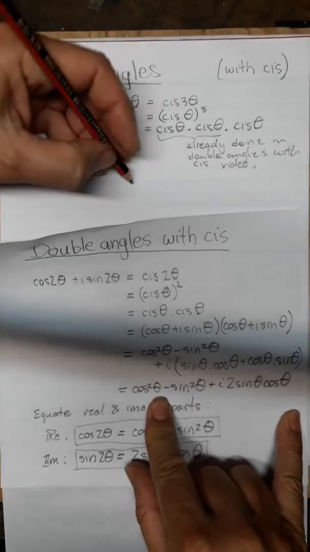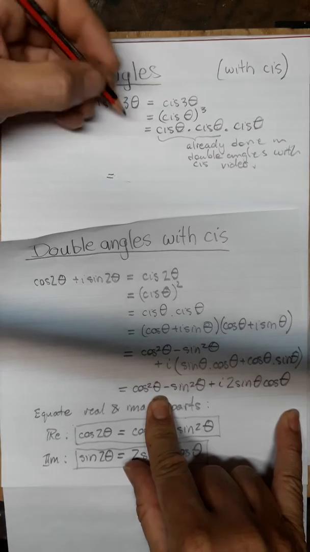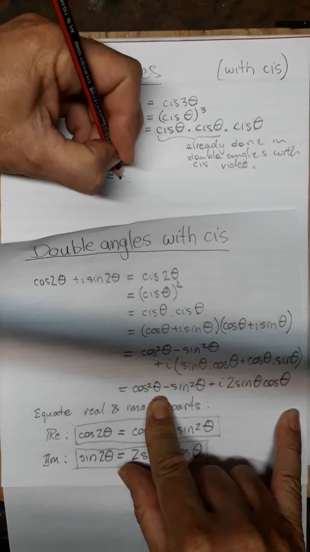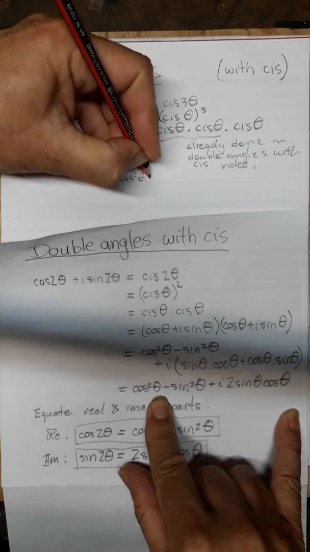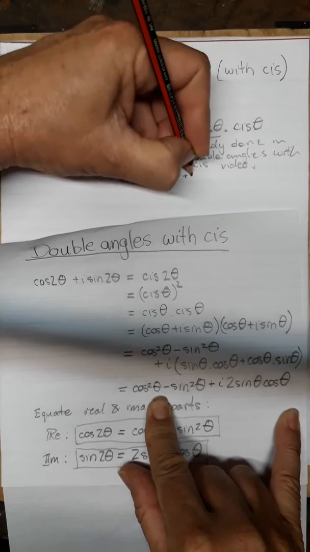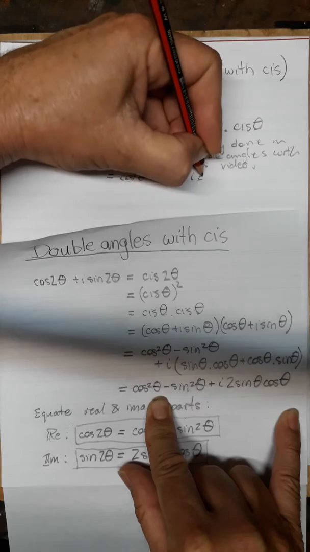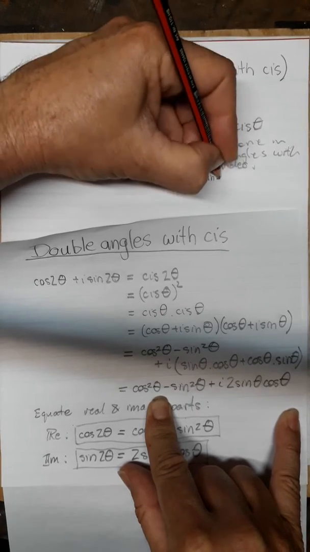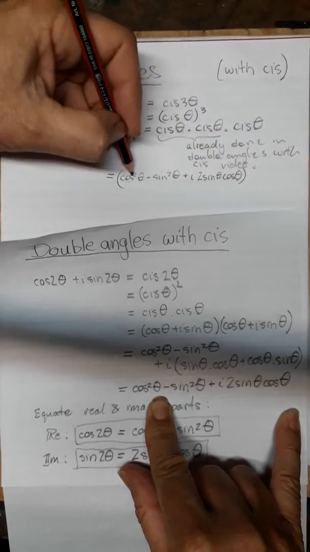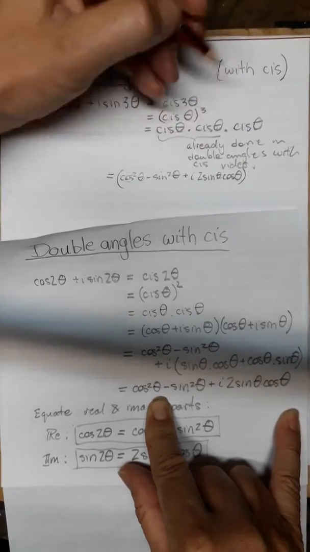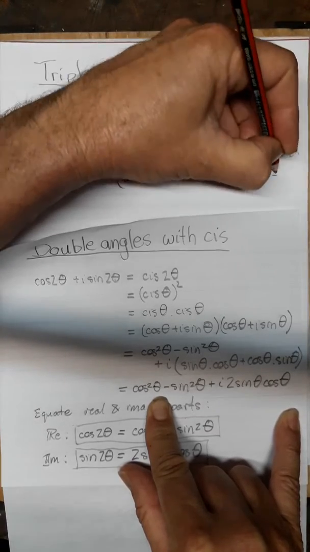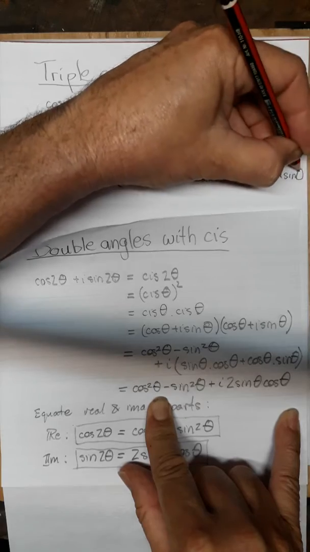So we'll write that down here as cis theta squared, which is cos squared theta minus sine squared theta, the real part, plus the imaginary part, i times 2 sine theta cos theta. And we're going to multiply that by cis theta, which expands to cos theta plus i sine theta.